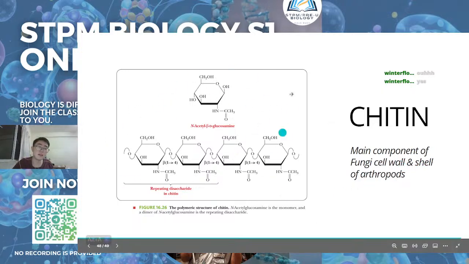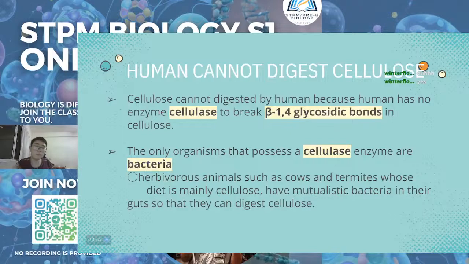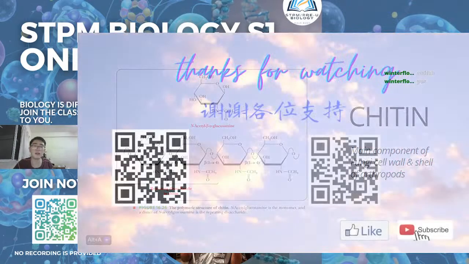This is just basic knowledge. If you further study biology in degree, you will learn about it. If not, for STPM, you don't need to learn. So the most important polysaccharides are starch, glycogen, and cellulose. This is the most important one.